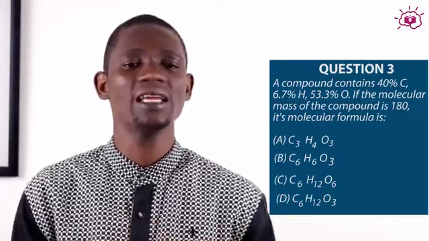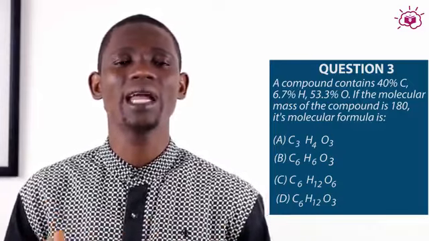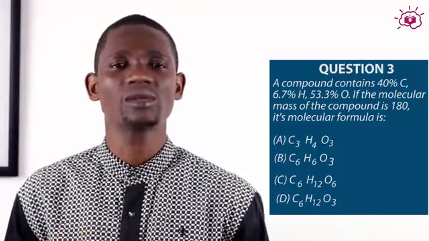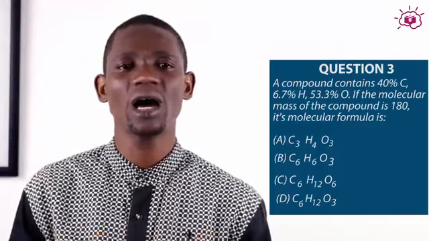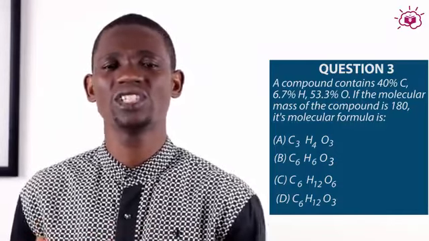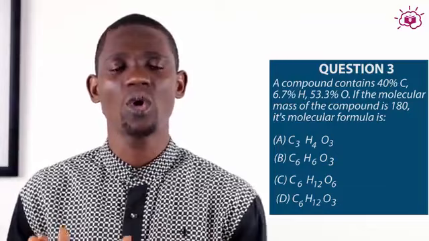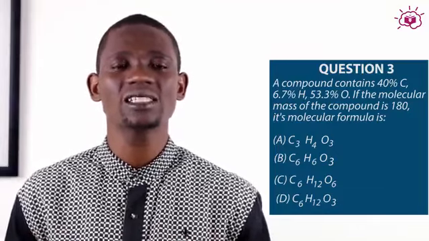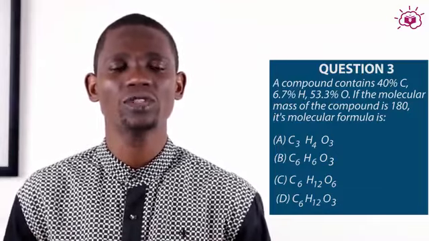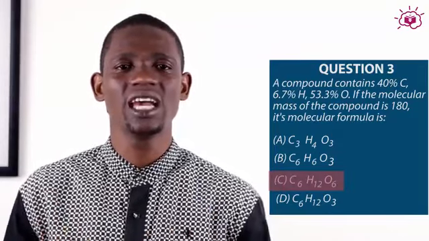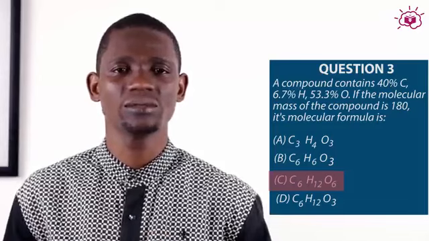Therefore, N is equal to 180 divided by 30, which is equal to 6. Hence, multiplying the empirical formula by the coefficient 6, we have C6H12O6. Hence, the right option to that question is C, C6H12O6. That concludes our past question review.